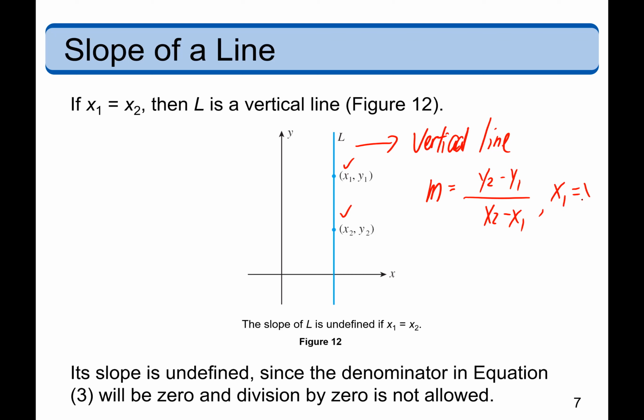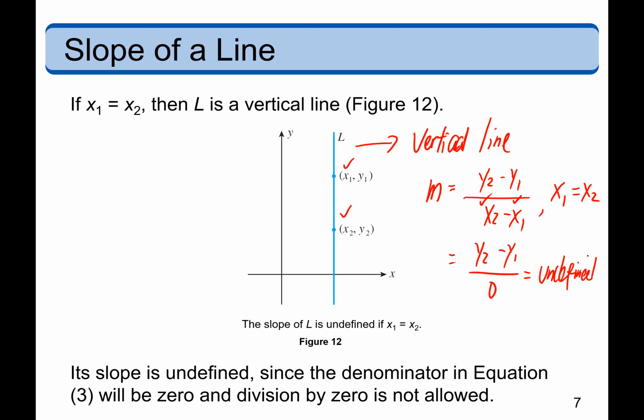So y2 minus y1 over 0. We have a value over 0, so this is undefined. This is exactly one of the cases which is undefined.